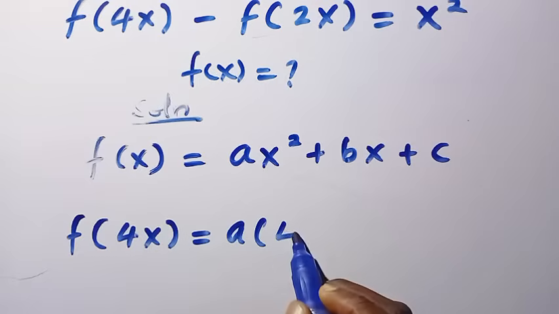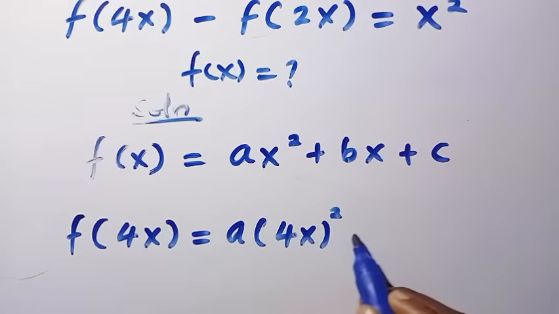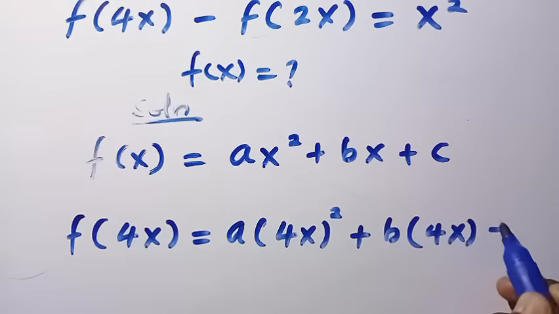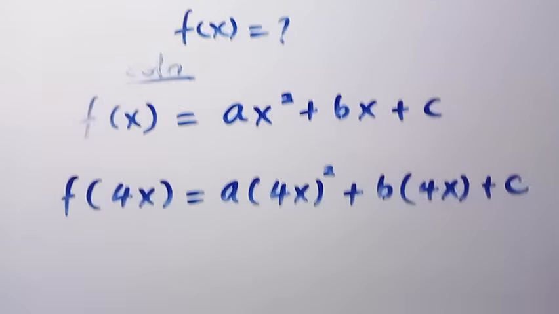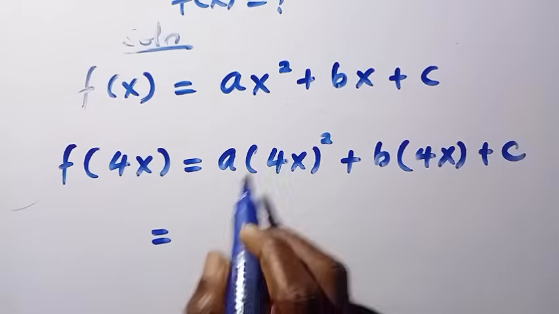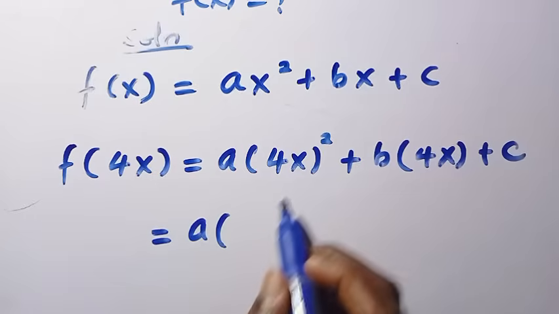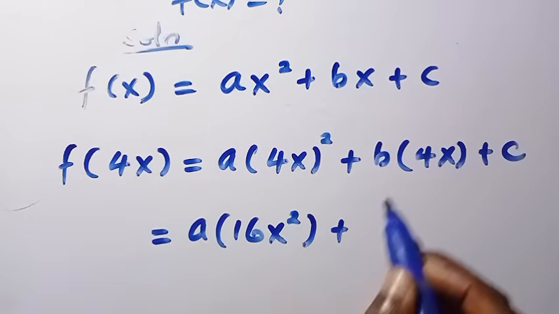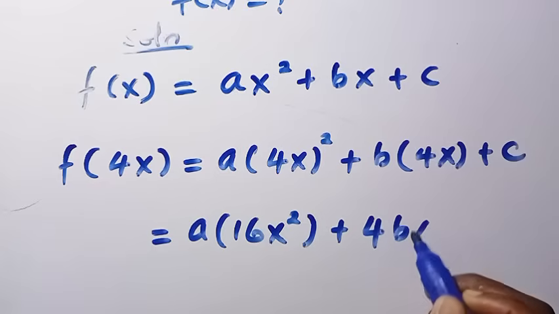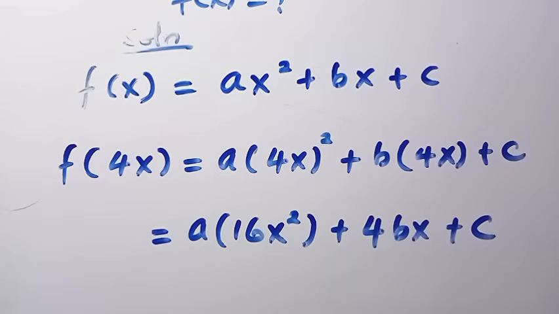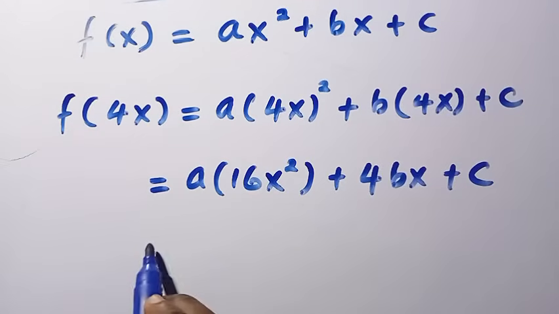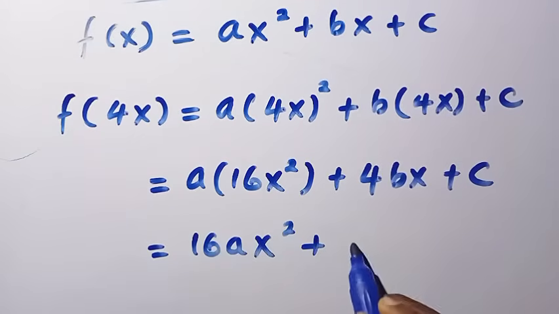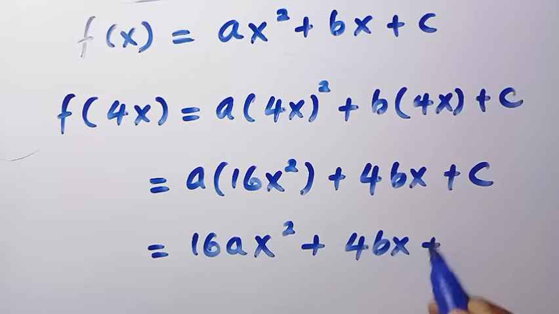Here becomes a times (4x) squared plus b times 4x plus c. That gives us 16ax squared plus 4bx plus c.